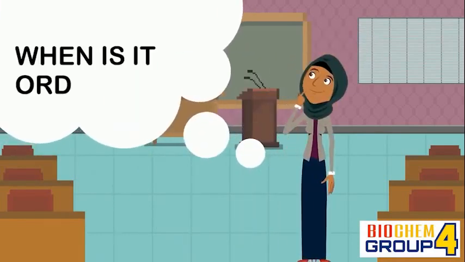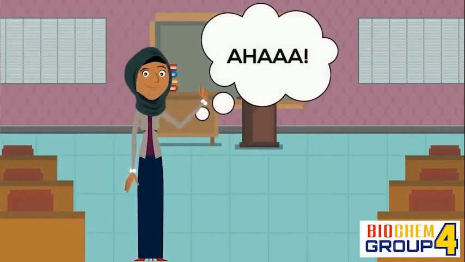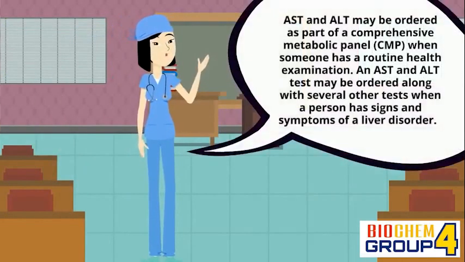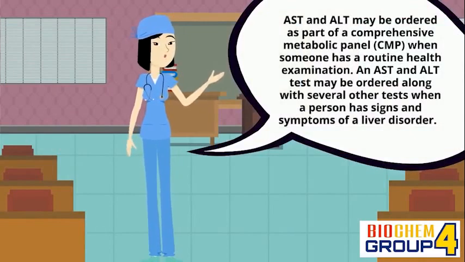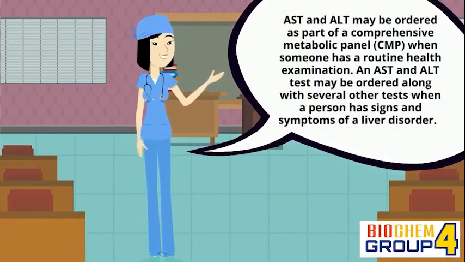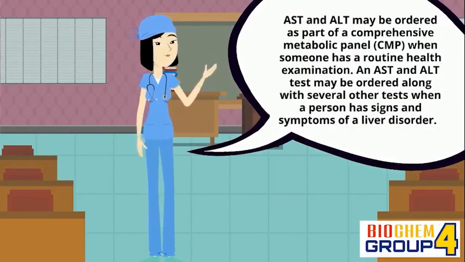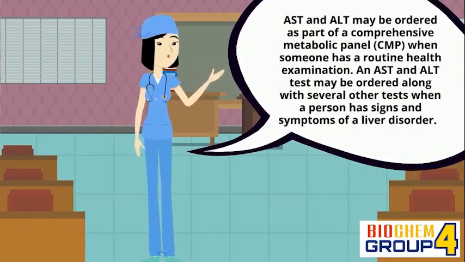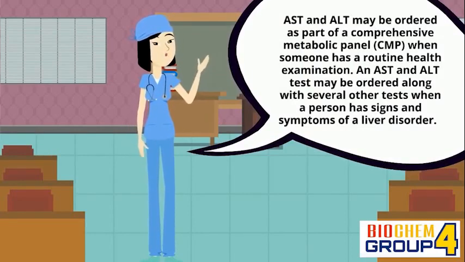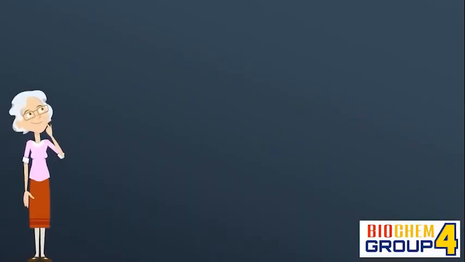When is it ordered? AST and ALT may be ordered as part of a comprehensive metabolic panel (CMP) when someone has a routine health examination. An AST and ALT test may be ordered along with several other tests when a person has signs and symptoms of a liver disorder.